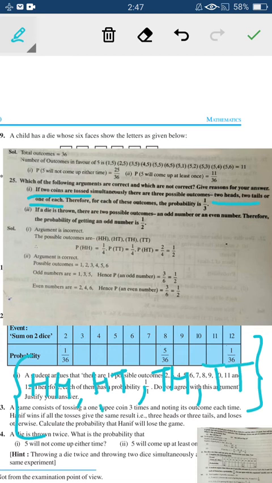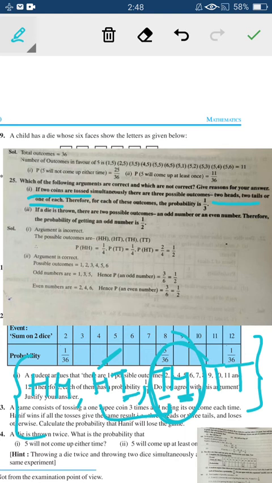But we cannot say these two are same. Head tail and tail head are same? No. Why are these not same? Because here head is on the first coin and tail is on the second coin, whereas in this outcome, head is on the second coin and tail is on the first coin. So these are not same.